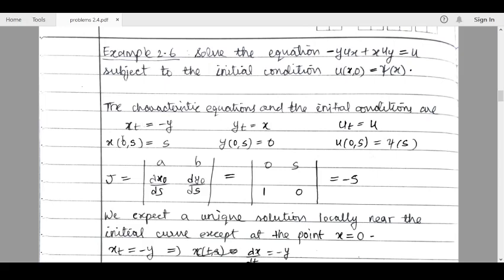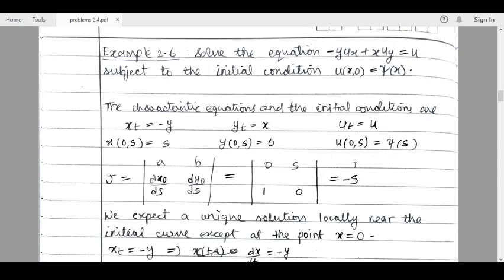So here dx by dt is the coefficient of ux, which is minus y, dy by dt is x, du by dt is u. Now we will write the initial condition: x at 0, s takes the value s, y at 0, s takes the value 0, u at 0, s is equal to psi of s.